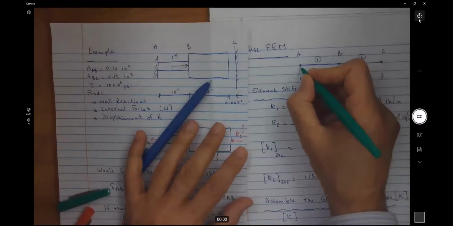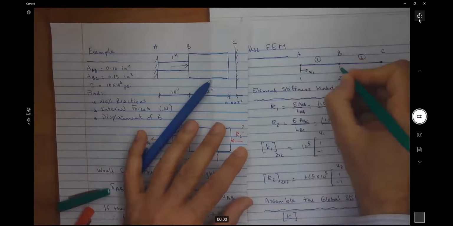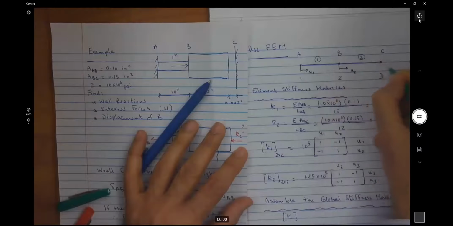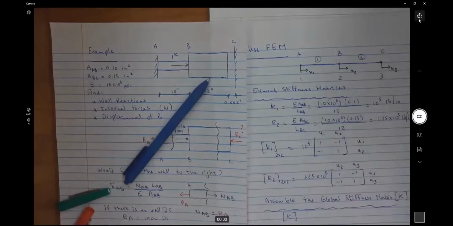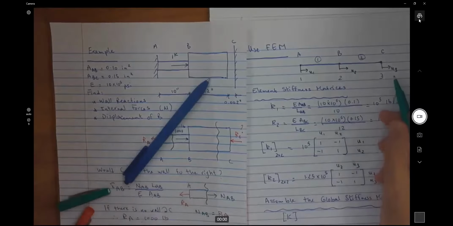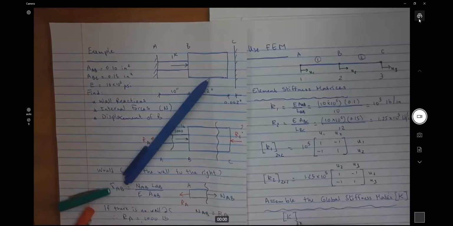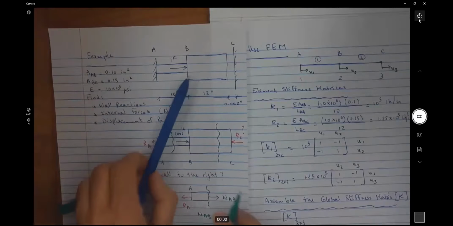Namely, U1, U2, and U3. So because I have 3 degrees of freedom, this K is going to be a 3 by 3 matrix.